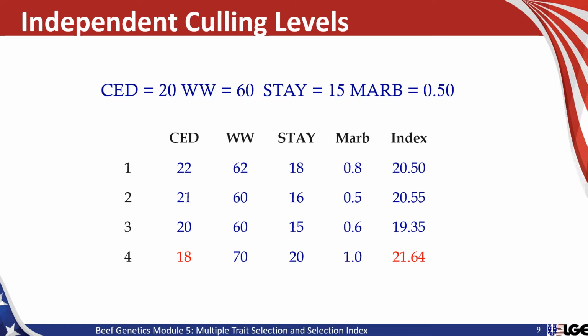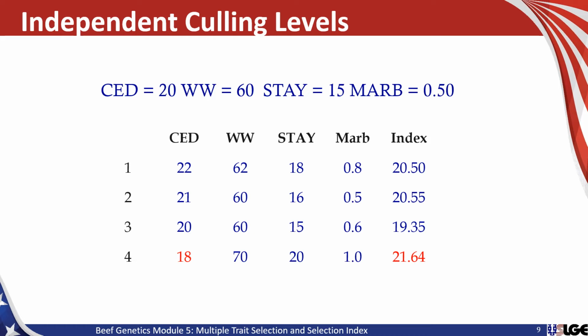His calving ease direct EPD is below our threshold. And remember, a higher number for calving ease direct is generally considered better. So if we strictly adhere to our calving ease EPD threshold, we would not consider bull 4. However, he happens to be superior for weaning weight, stayability, and marbling, and as a consequence, his index value is also the highest.